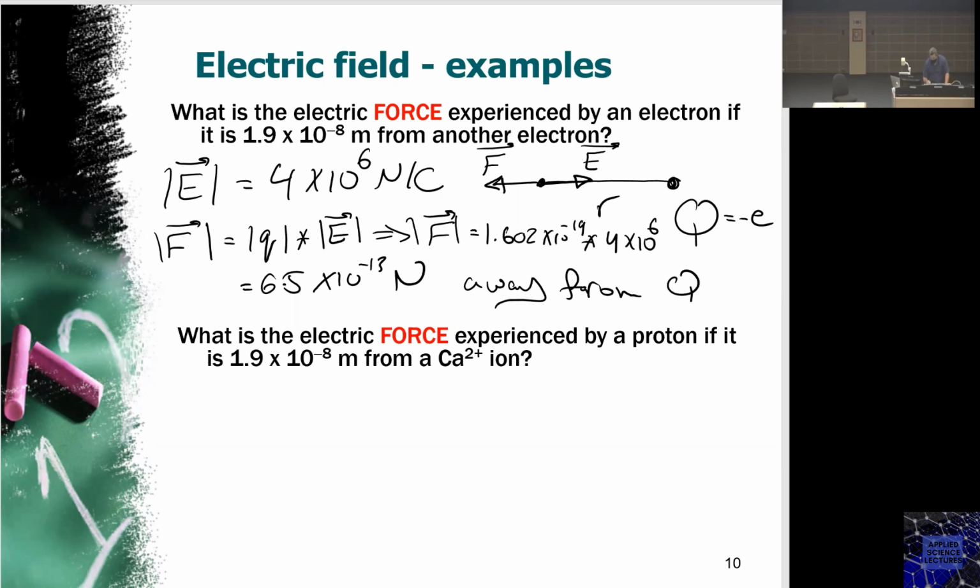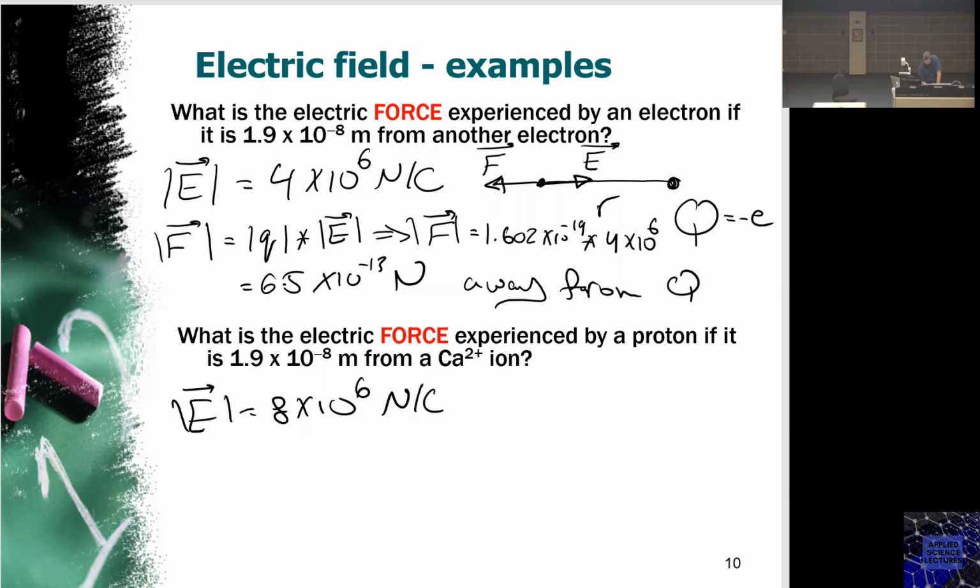If you recall, it was 8×10^6 newtons per coulomb. Remember that the charge is twice the charge of the electron in magnitude, and that's why the magnitude of the electric field was also twice that of the electron, because the distance is the same.